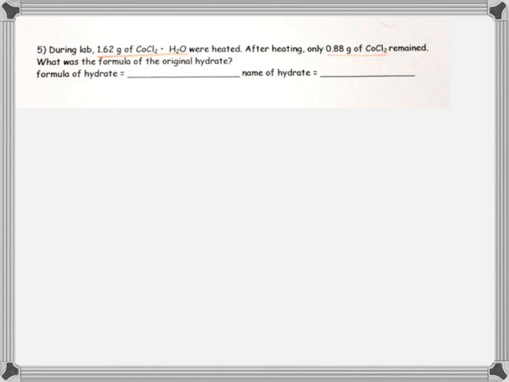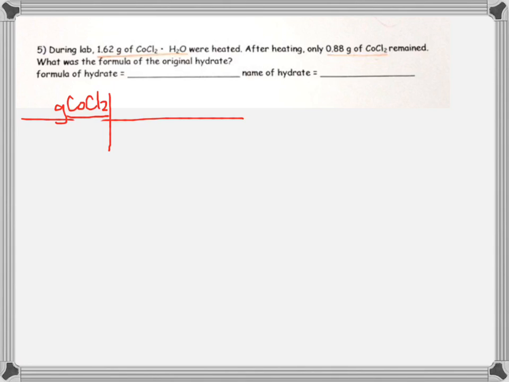Alright, so this is the hydrate problem, and I've been getting a lot of questions on this one, so let me just shoot out a quick video. The first thing is, on all hydrate problems, you're going to have a T-chart that has the dry anhydrous compound, which would be CoCl2.